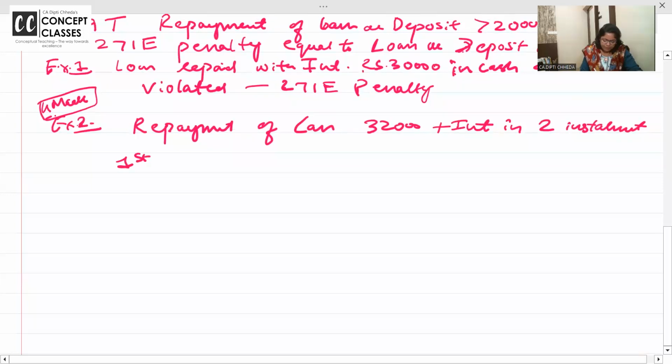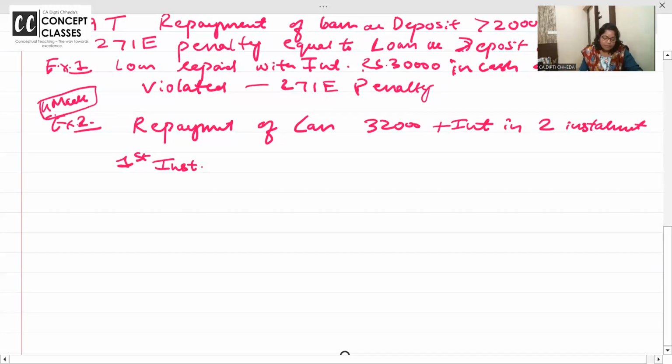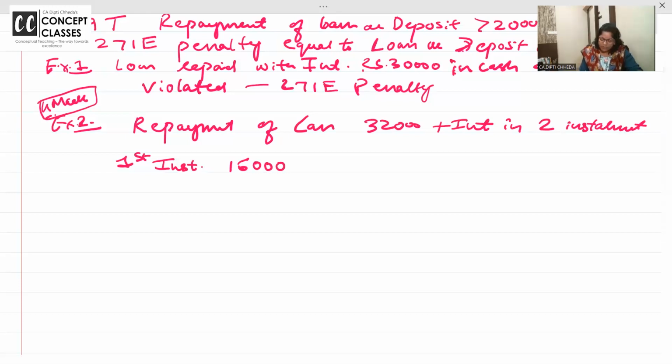First installment 16,000 repaid in cash.